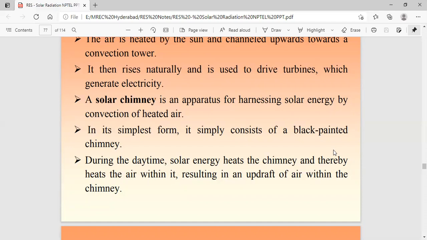A solar chimney is an apparatus for harnessing solar energy by convection of heated air. In its simplest form, it simply consists of a black painted chimney. During the daytime, solar energy heats the chimney and thereby heats the air within it, resulting in an updraft of air within the chimney.